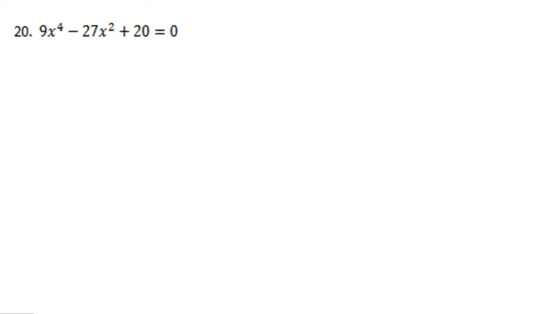Alright, we're going to use substitution, and I'm starting with number 20 because it's the hardest one. So first thing I got to check is if I can use substitution. So I check my exponent. 2 times 2 will give me 4, so I'm allowed to use substitution, which means my middle term will be u, and u squared will be this x squared with this 2 times 2, so x to the 4th.